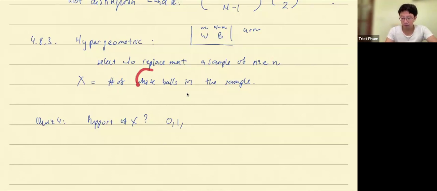Basically, the number of white balls cannot exceed the sample size, but it can also not exceed the original number of white balls in the urn either. So it's the minimum of the two. Okay so far?